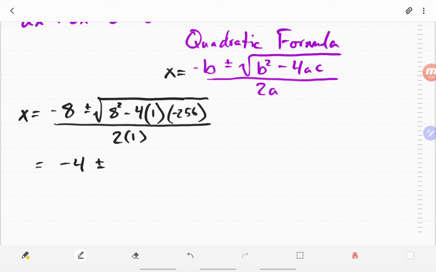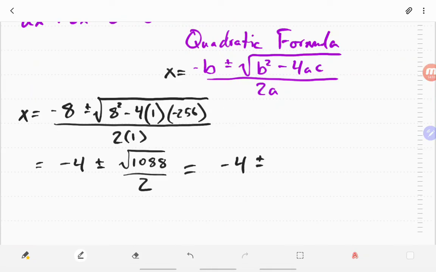Which is 1,088. So we've got the square root of 1,088. And that is also over 2, right? This 2 canceled out with the 8 over here, but we also got to keep that 2 under there. 1,088 ends up, I think, reducing down to 8 root 17. So we've got negative 4 plus or minus.